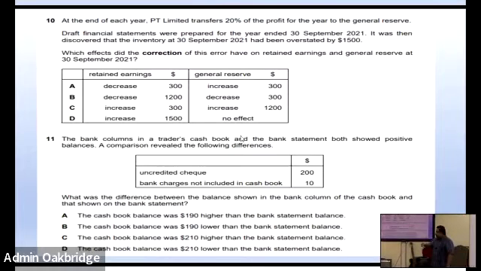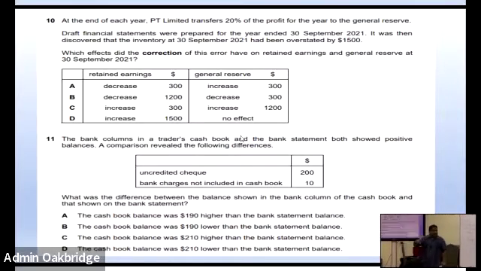So when you're going to do it, it's $10, you're going to update your cash book because it was not included in the cash book. Can you see? And if it's not included in the cash book, this bank charges, debit or credit? Bank charges will be in your cash book on the debit side or credit side?